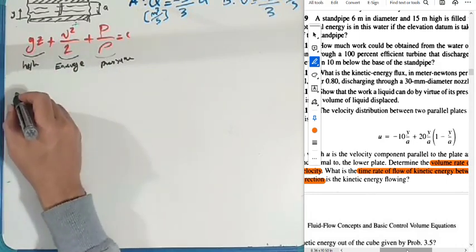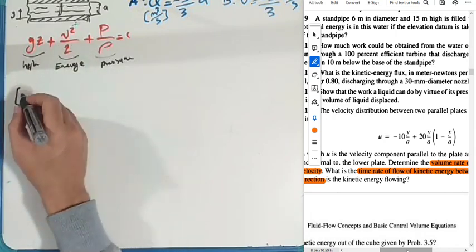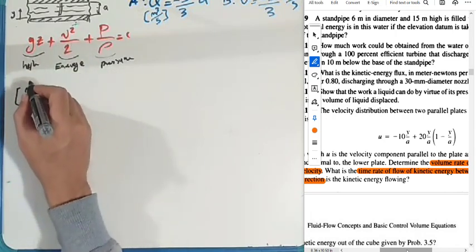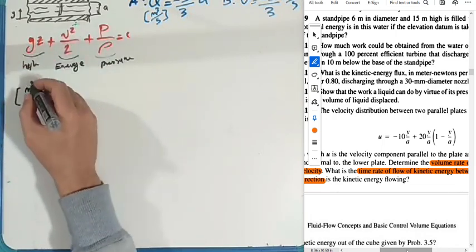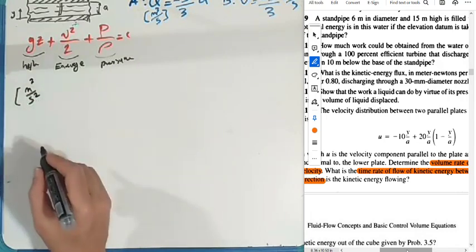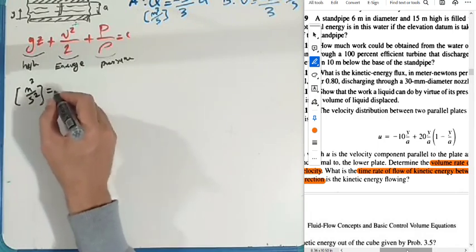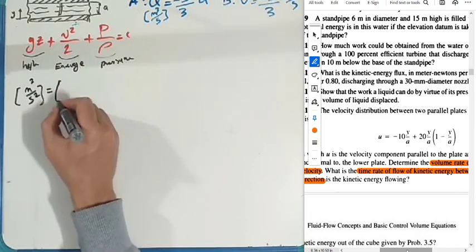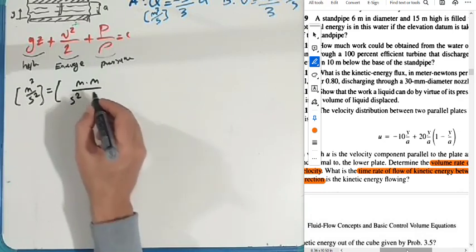So I will work on this now. I know that the unit of velocity will be meter per second, but it has a power here, meter squared over s squared. I can write it this way: meter squared over s squared.